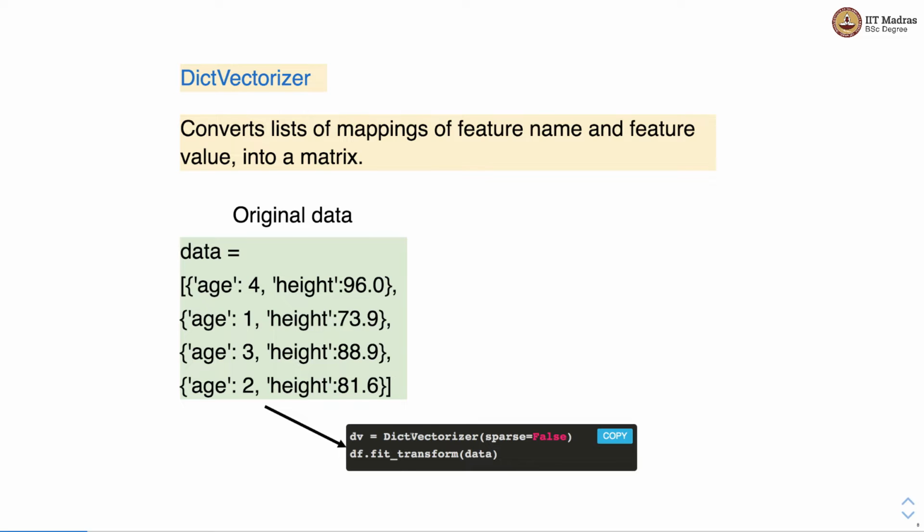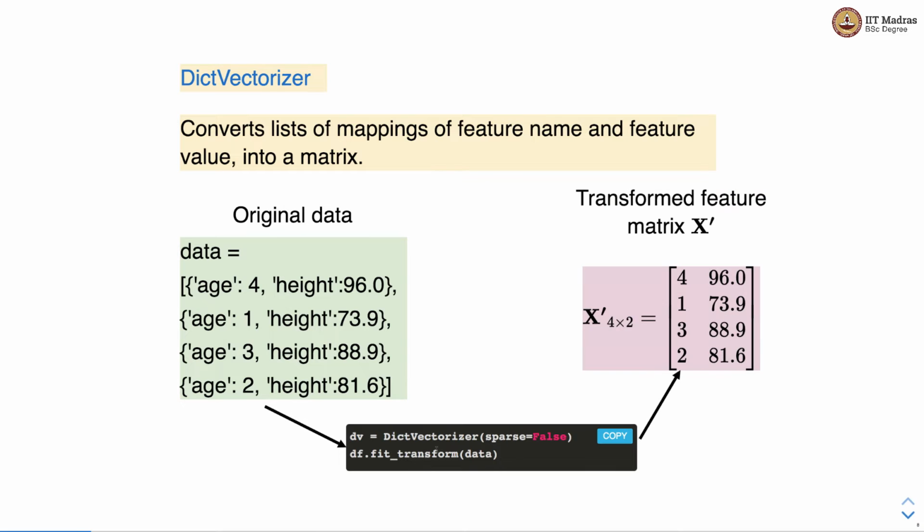Once we know that this is a transformer, we can apply the fit_transform method. So we instantiate the object, call fit_transform on it, and pass the data as an argument. This data will be transformed by the dictionary vectorizer into a matrix.